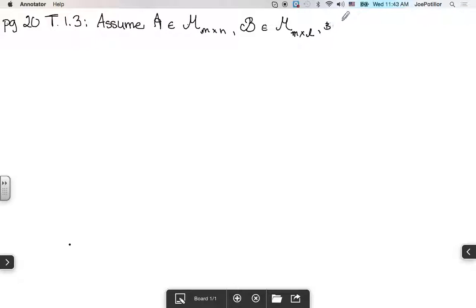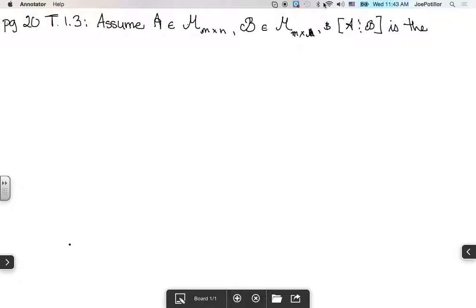And the augmented matrix, that little dashed line means augmented matrix. Or it can be M by 1, it really doesn't matter.